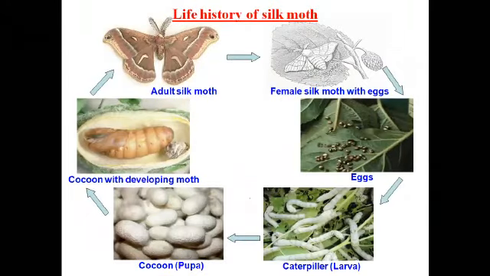You can see here the adult silk moth, in which the female is giving out eggs. The eggs hatch to form caterpillars. The caterpillar forms a cocoon, and when the cocoon opens, the adult silk moth comes out. Now we will do it in detail.